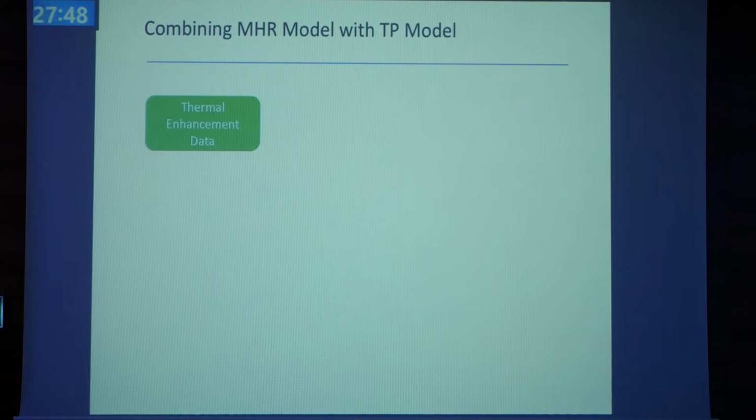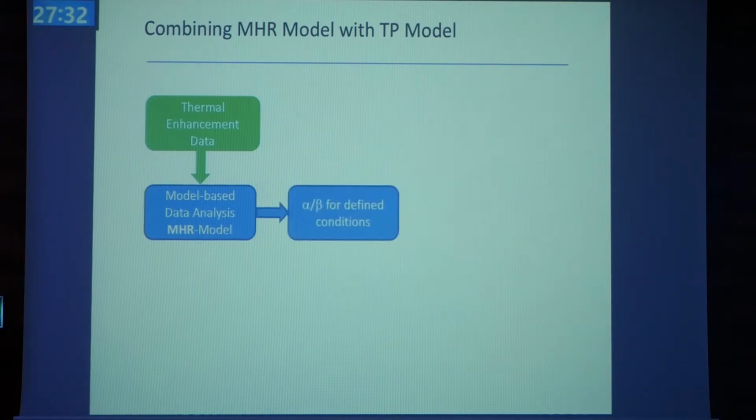So, coming back to modeling, thermal dose concepts, and treatment planning. Thermal enhancement data can be analyzed by the MHR model, by model-based data analysis, for example, comparing synthetic comet assay with biological comet assay. This can be used to calculate survival curves. These survival curves can be fitted with the linear quadratic model to find alpha and beta values, and these alpha and beta values can be fed into a therapeutic enhancement model, like the EQD model.